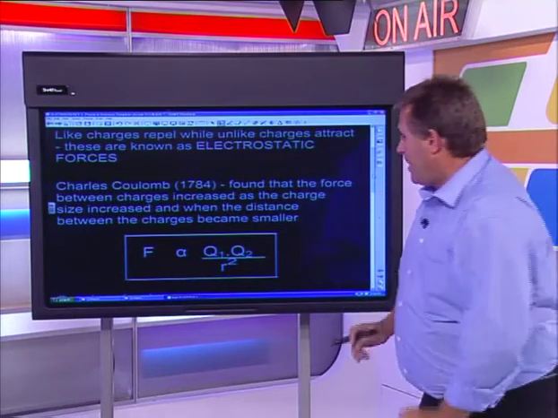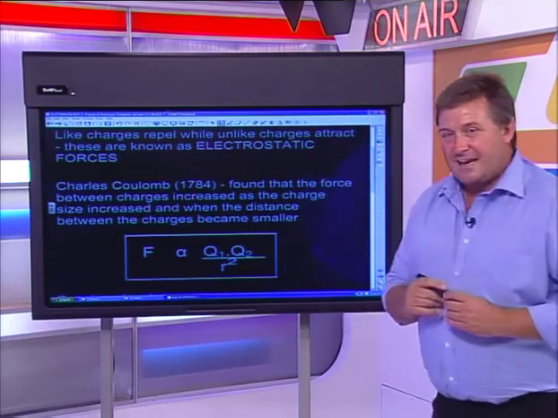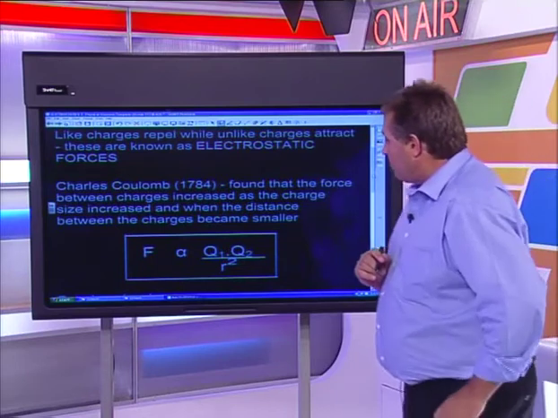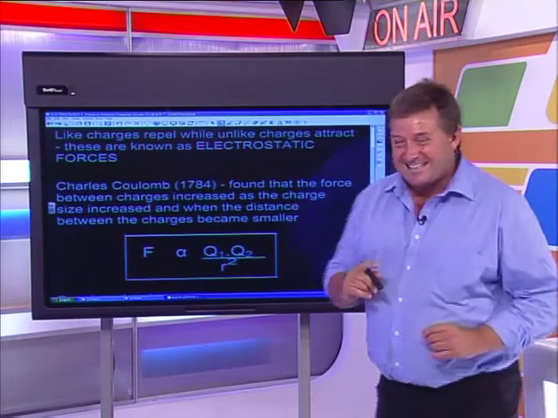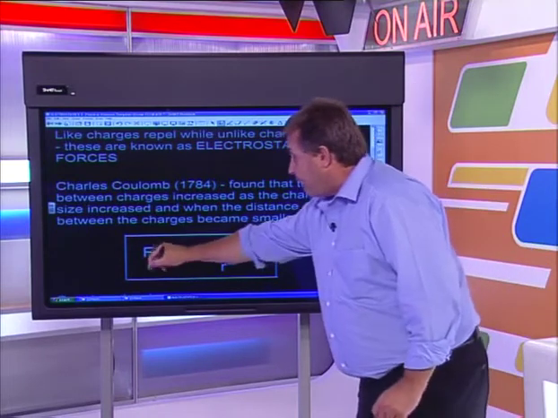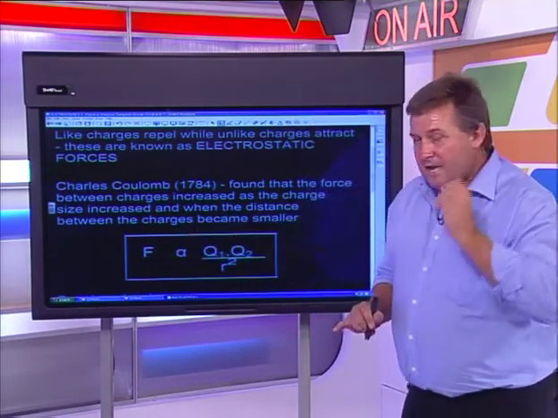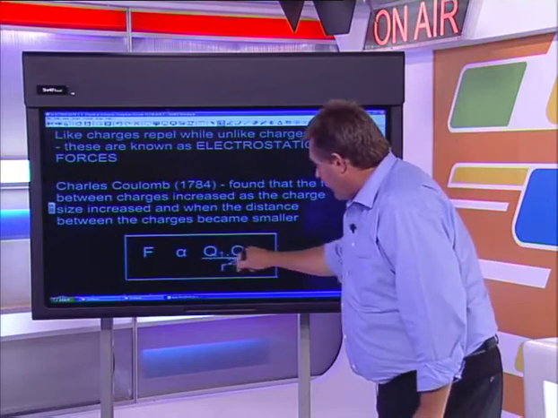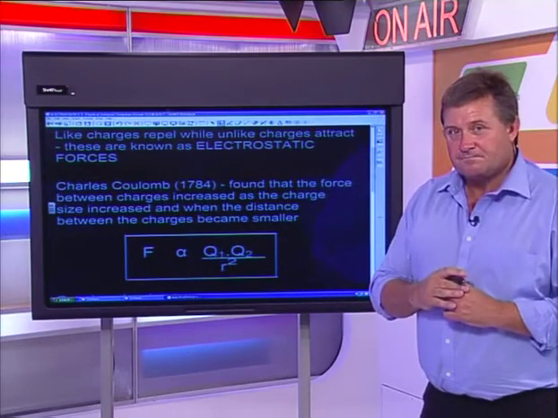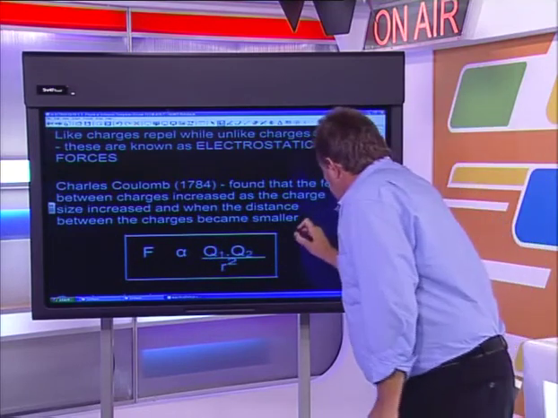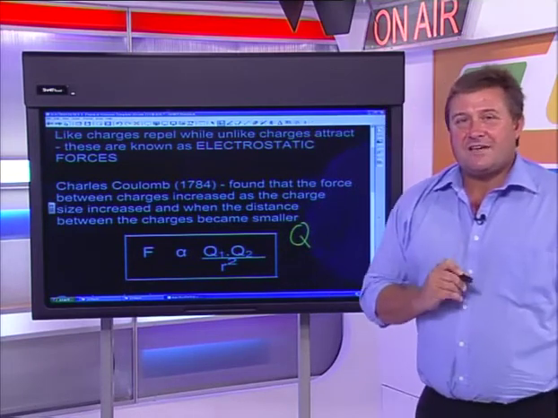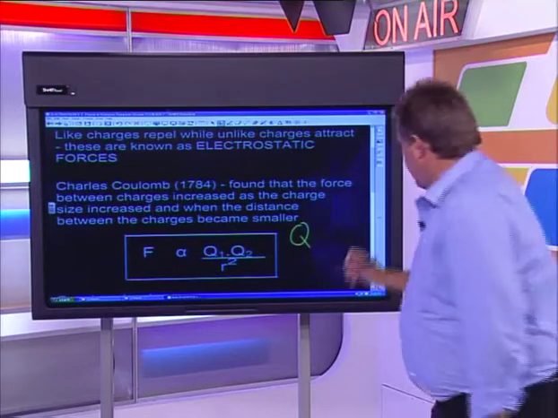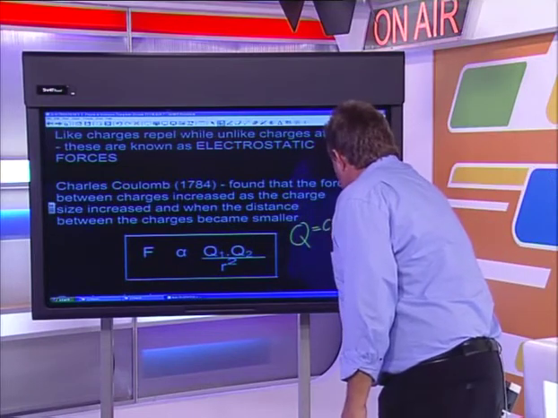And he came up with a mathematical proportionality. And he said that that force is directly proportional to the product of the two charges. Now, you can see we introduce the symbol for charge, which is given by the symbol Q, and that represents charge.